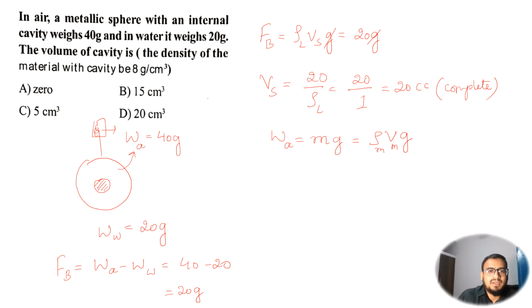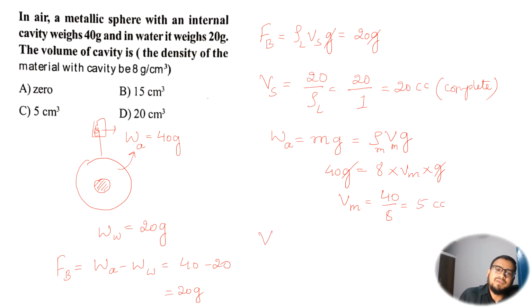The density of the material is given as 8. So we can write 8 times volume of the material times g equals the weight, which is 40g. The g cancels, and the volume of the material is 40 upon 8, which is 5 centimeter cube.